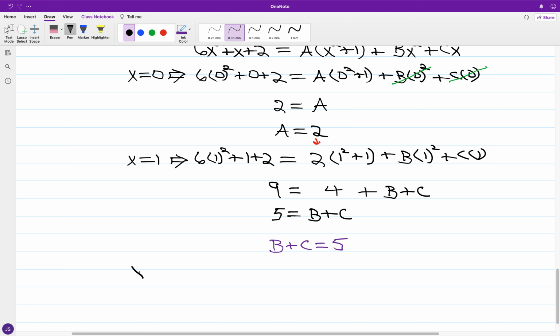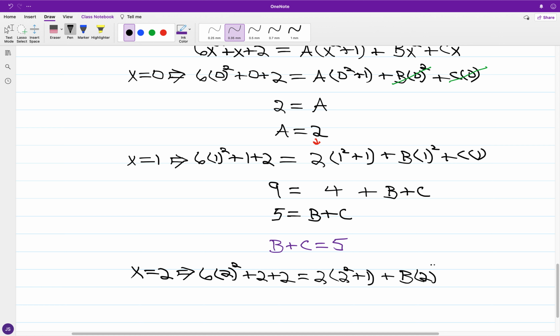And then if I choose, let's say, x equal to 2, I have 6 times the square of 2 plus 2 plus 2. And again, a is 2. And for x squared plus 1, that's going to be 2 squared plus 1. And we have plus b times the square of 2, and plus c times 2.